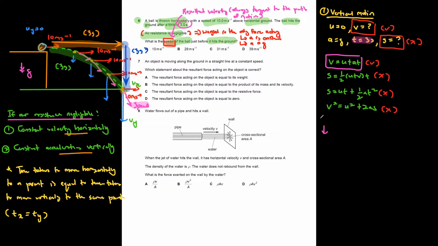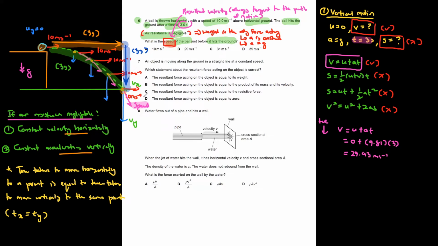Now, downwards is considered to be your sign convention because you're moving downwards in the first place. That's your initial direction of motion. So V equals U plus AT equals 0 plus 9.81 times 3, eventually giving you 29.43 meter per second.